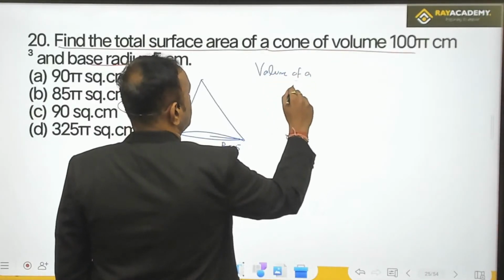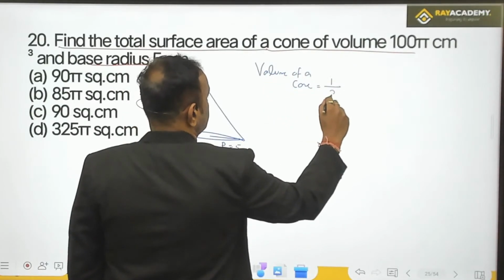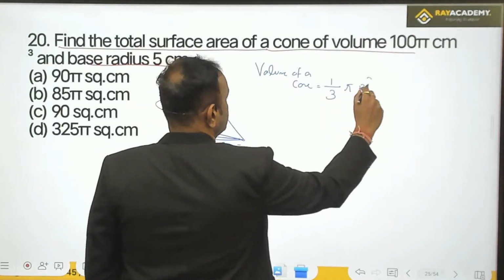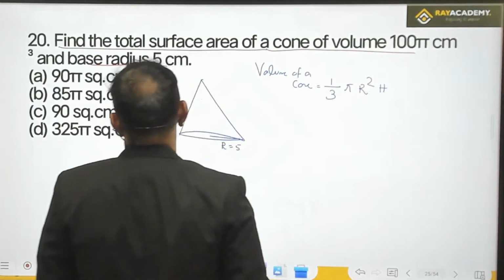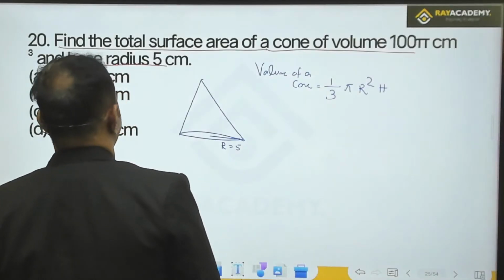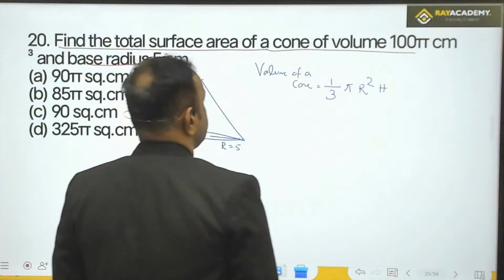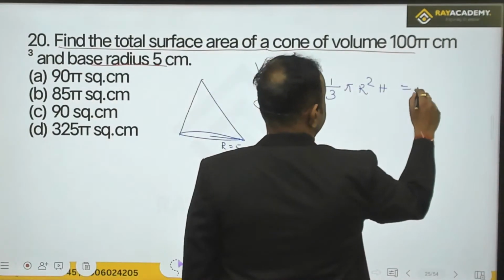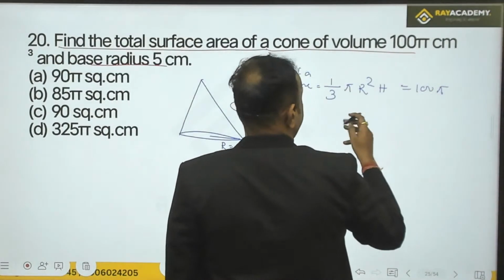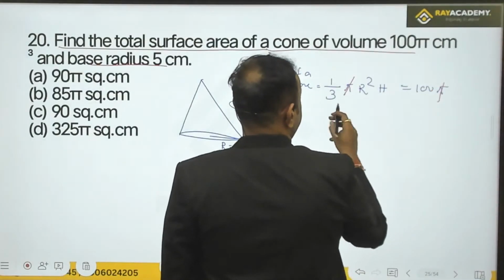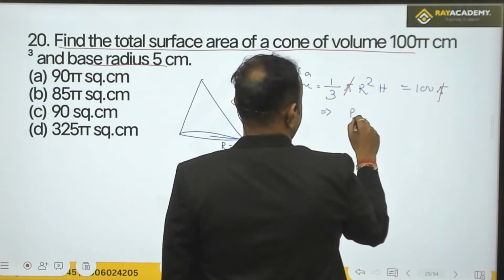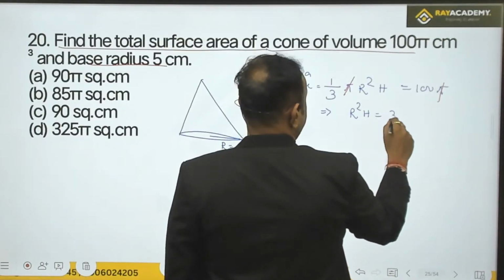Volume of a cone is 1 by 3 pi r square h. This is given 100 pi. So pi gets cancelled, and from there you can get r square h is 300.